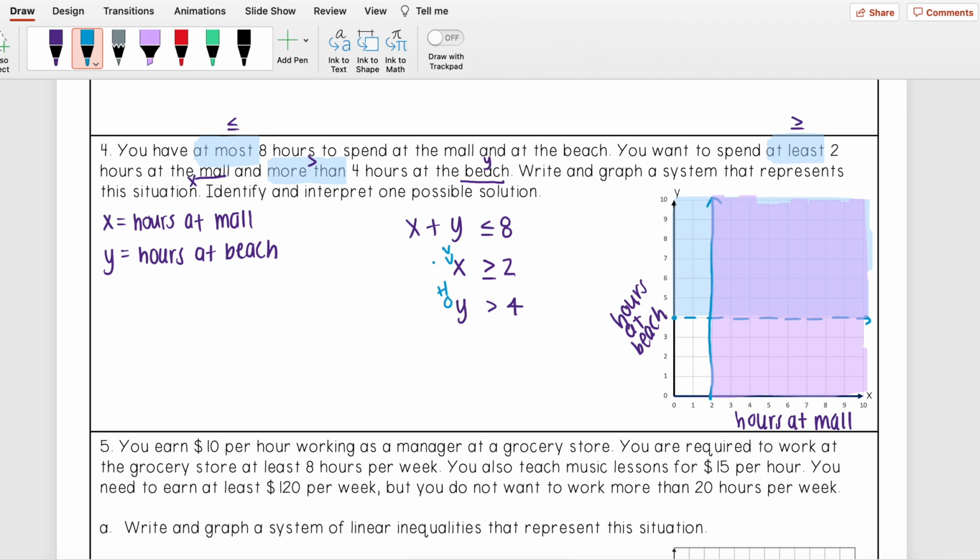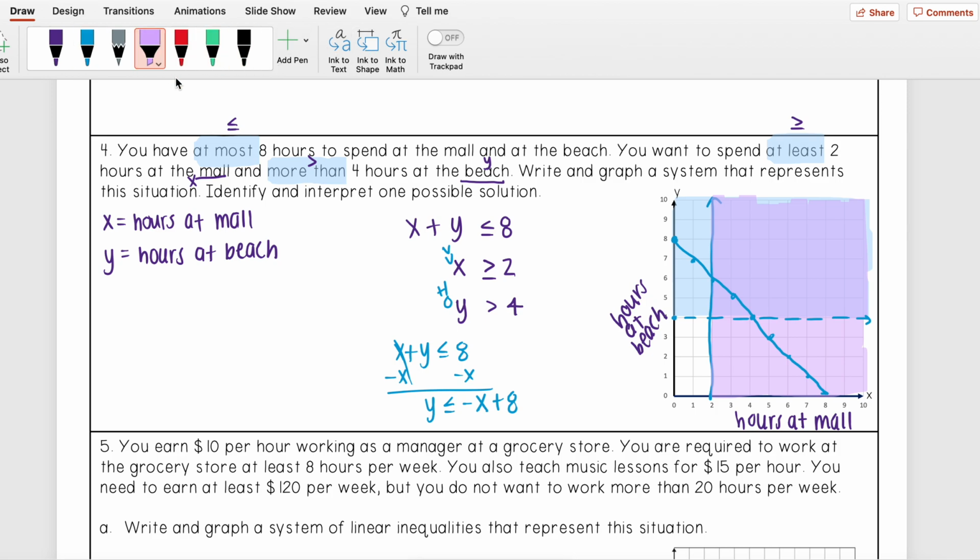Okay, now I have this x plus y is less than or equal to 8. I'm going to go ahead and put that in slope-intercept form. And so I get that y is less than or equal to negative x plus 8. So my y-intercept is at 8. My slope is negative 1 over 1, so I have this. And it's less than or equal to, so it's going to be a solid line.